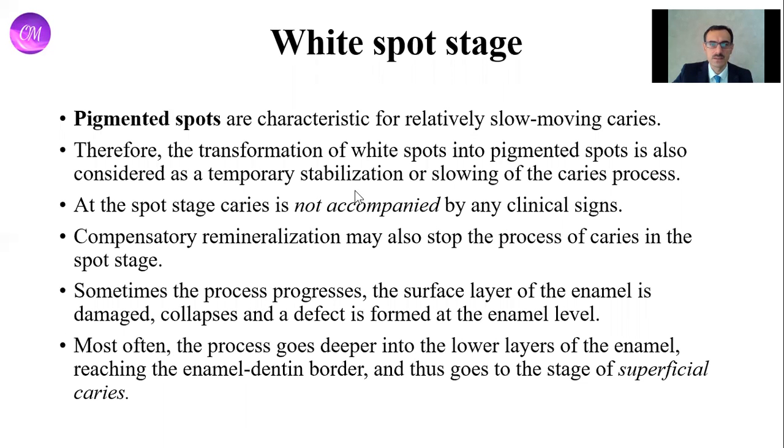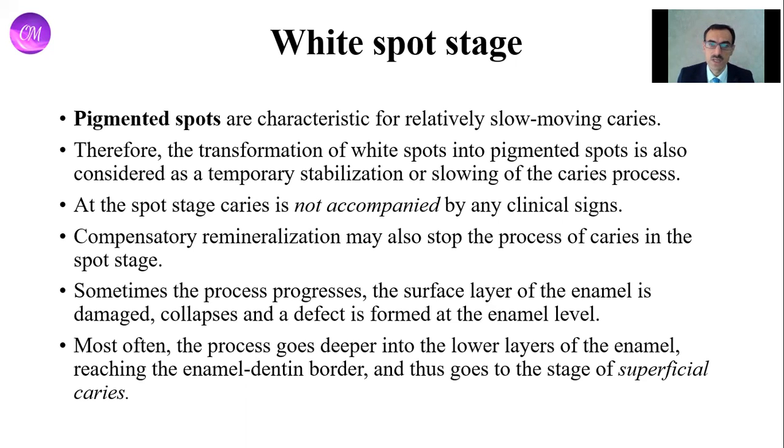The pigmented spots are characteristic for relatively slow-moving caries. The transformation of white spots into pigmented spots is also considered as a temporary stabilization or slowing of the caries process. As the spot stage caries is not accompanied by any clinical signs, the compensatory mineralization may also stop the process of caries in this spot stage.